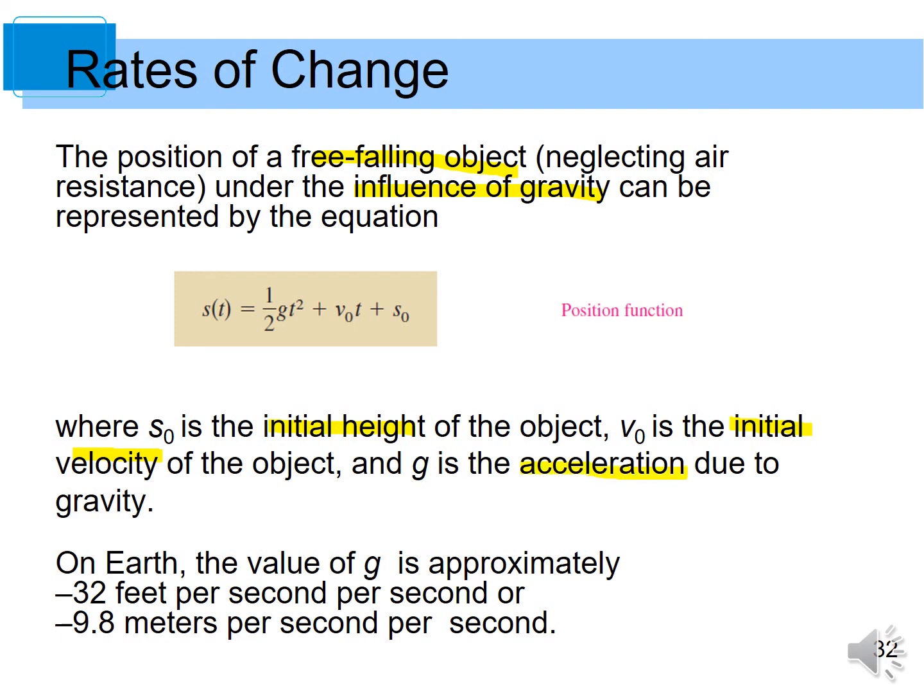And there are two values for gravity: negative 32 feet per second squared or negative 9.8 meters per second squared.